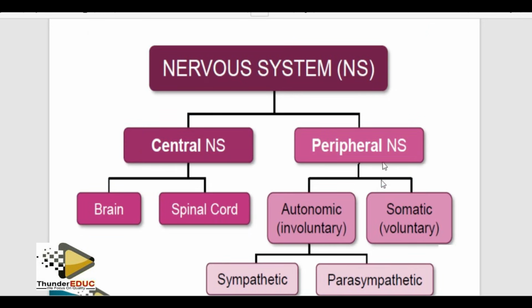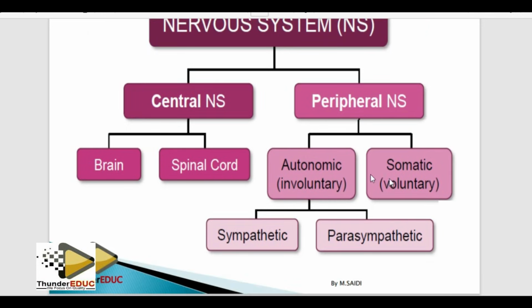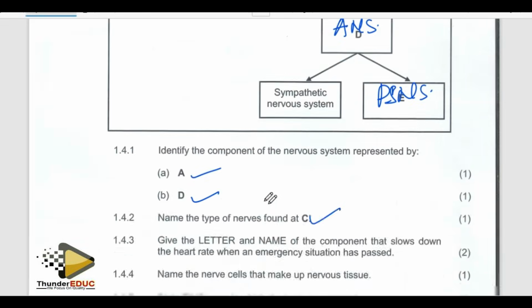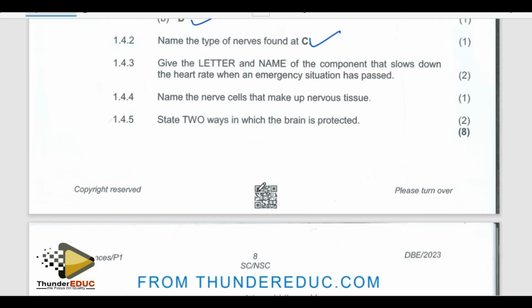Peripheral nervous system, where you have the autonomic nervous system and the somatic. And then the autonomic nervous system is divided. Everything is there. So there is no way you can fail when you are using this distinction material.